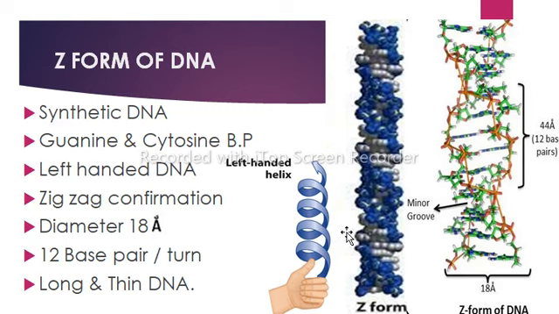That's why this DNA is named Z form, and the diameter is about 18 angstrom. Their major groove is almost absent or eliminated. They have only a minor groove. It is long and thin DNA as compared to B form of DNA.